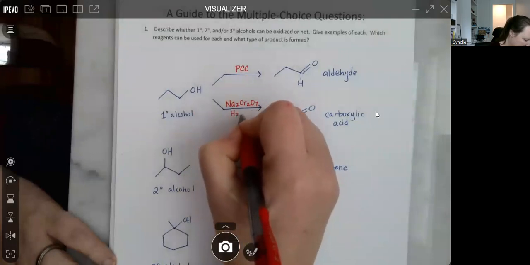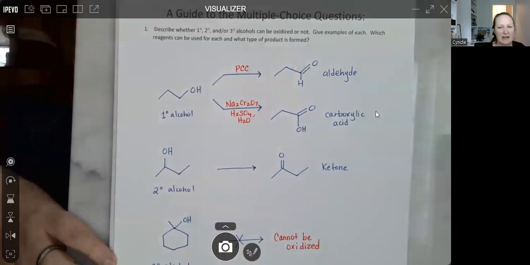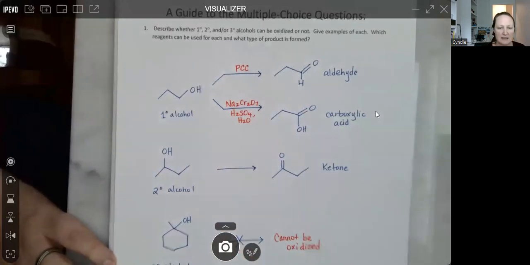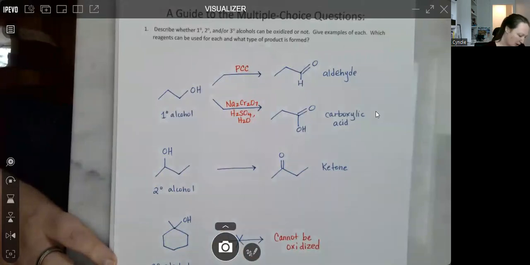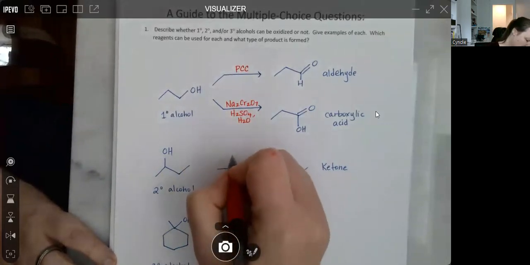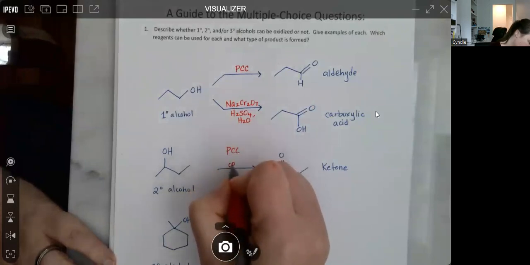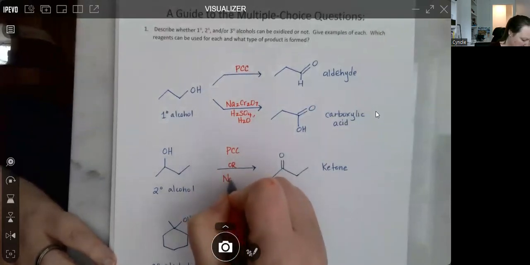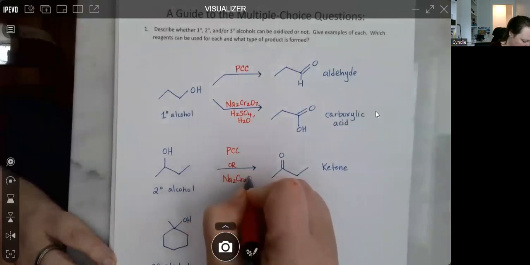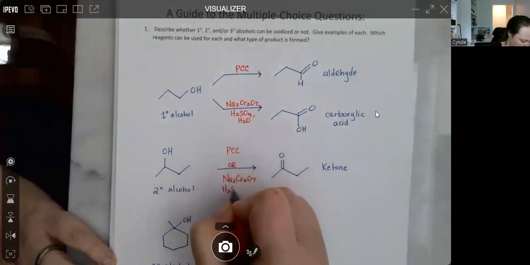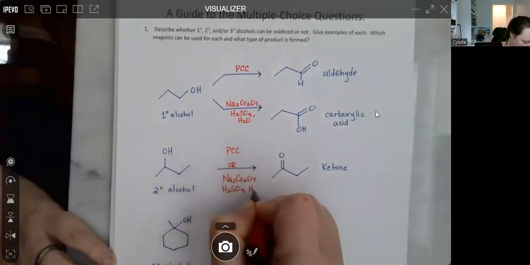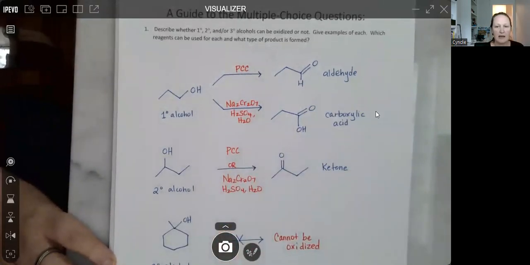And under acidic conditions, that will form chromic acid, which will oxidize in situ. And secondary alcohols, you could use either, right? So you could use PCC or sodium dichromate. And you would get the ketone.